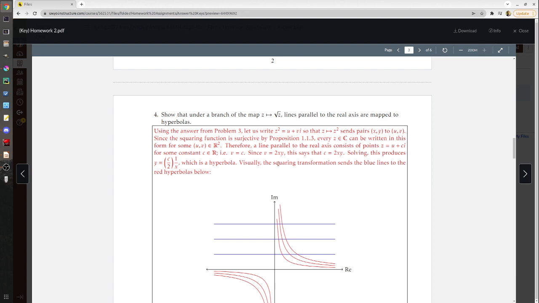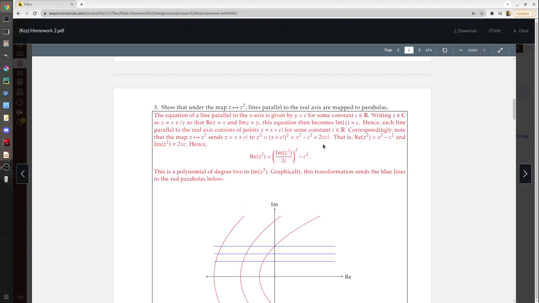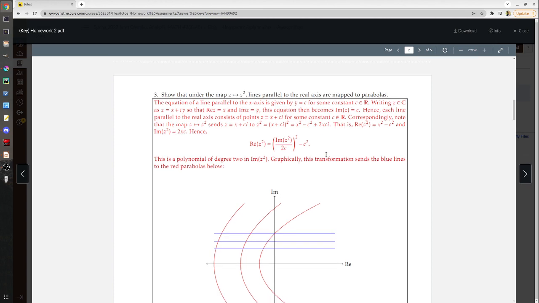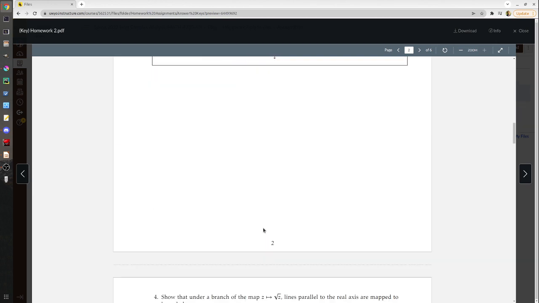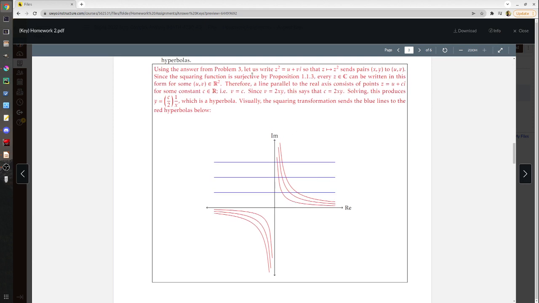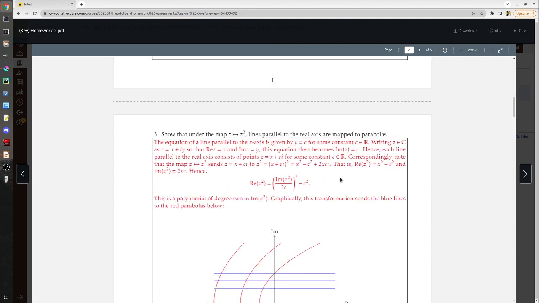That is, if the imaginary part was 2xc, or really 2xy if we weren't setting the imaginary part constant, then all we have to do is say, hey, since we can write everything as a square, we can start right there, and then just go, okay, we're writing things as u plus ci for some constant c, and that is we're setting 2xy equal to c, since we can always write things as the square of something.